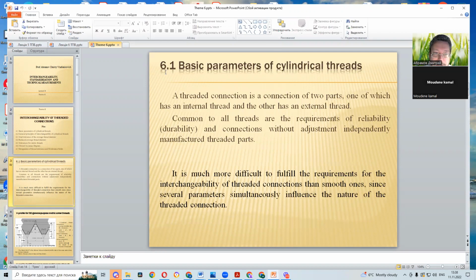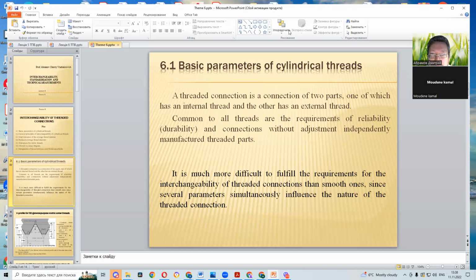Our 6.1 item, basic parameters of cylindrical threads. A threaded connection is a connection of two parts, one of which has an internal thread and the other has an external thread.